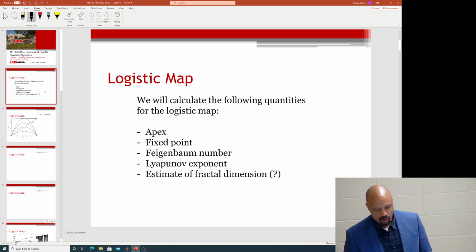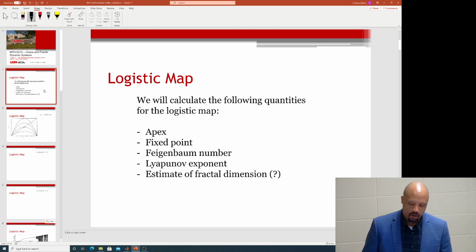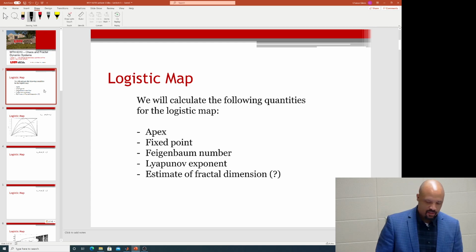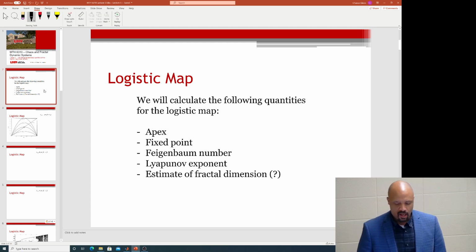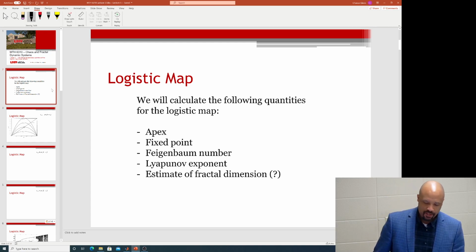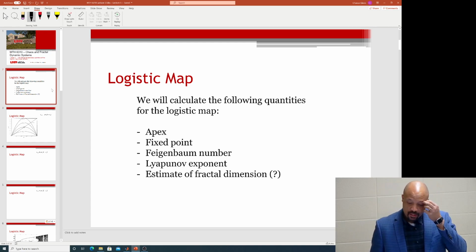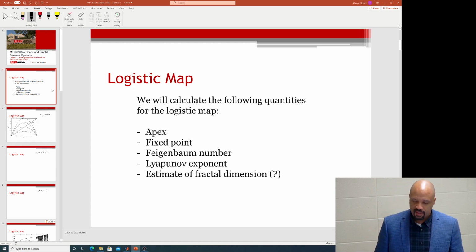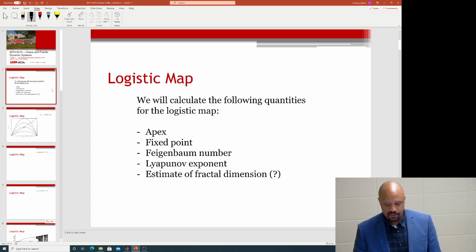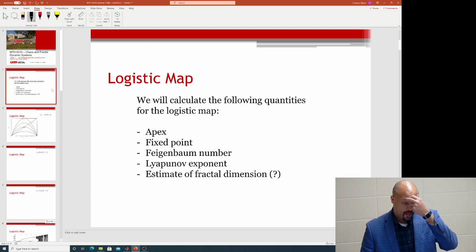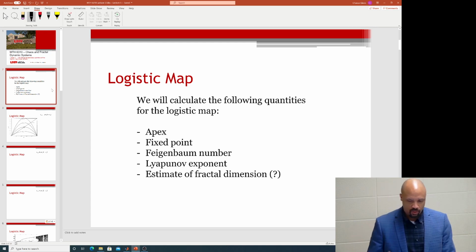We're going to walk through the estimation of the Feigenbaum number, and I'll try to walk through it with you in MATLAB so you can do the same thing. And then we also are going to do some estimations of the Lyapunov exponent. And if we have time or the inclination, we may even see if we can discuss the fractal dimension of this bifurcation diagram that comes out of this logistic map.